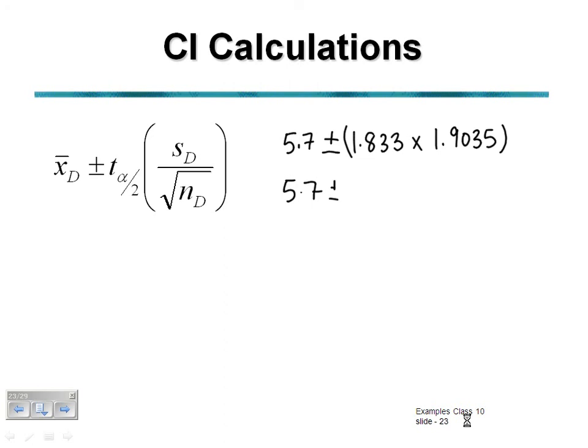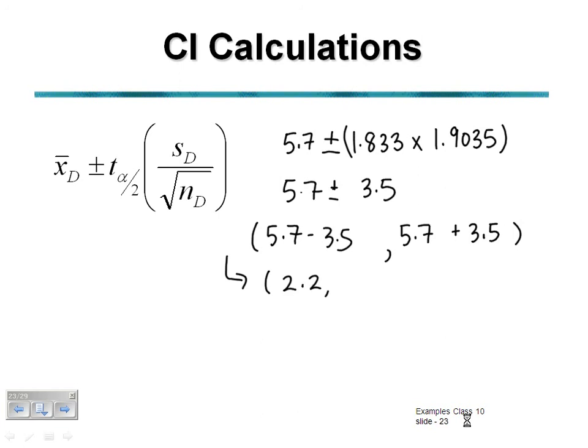So that gives us 3.5. 5.7 plus or minus 3.5, which means that we add 5.7 and 3.5, we have 9.2 at the top end, and we have 5.7 minus 3.5 at the bottom end. So this gives us a confidence interval from 2.2 at the bottom end up to 9.2 at the top end.